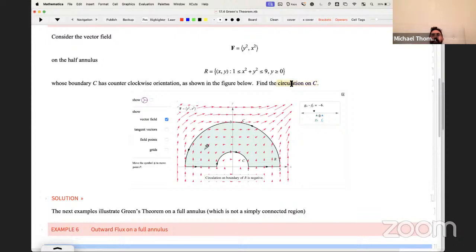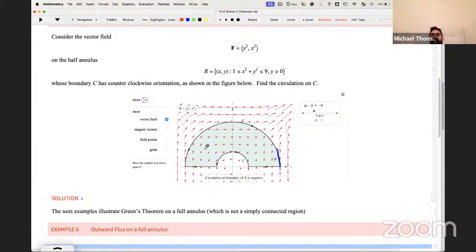And remember, circulation is finding the agreement with the forward direction. Let's use blue. I'm going to start here. Now, as I'm walking in this direction, do I have a positive contribution to the circulation, negative, or no contribution? You tell me: positive, negative, or none?